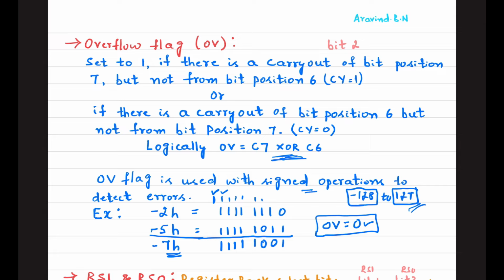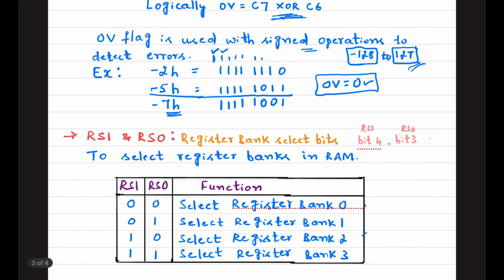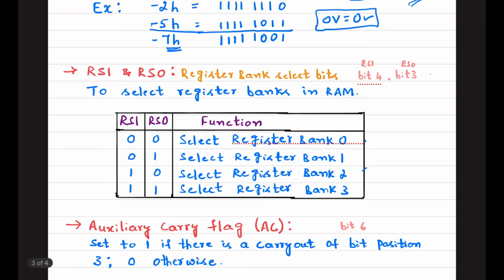Right, now let us get into the next case, that is RS1 and RS0. Both of these are used in order to select the register banks. Totally we have 4 register banks. Power on reset will always select register bank 0.